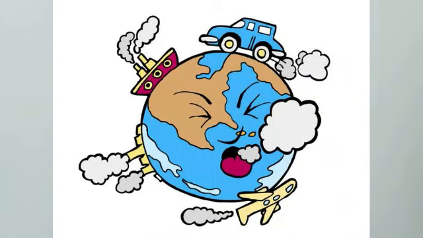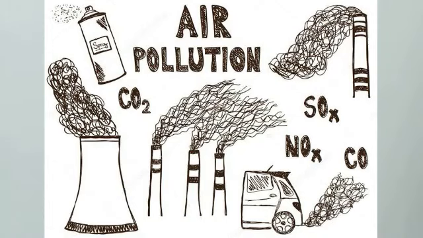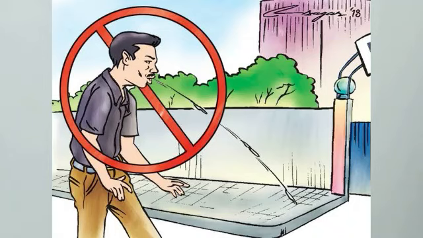Now we can check how this air is polluted. We know that our human activities lead to pollution of air. The smoke that comes from vehicles, from industry, that means factories, and the spit, when we spit, that spit also contains germs like bacteria, viruses and harmful dust.